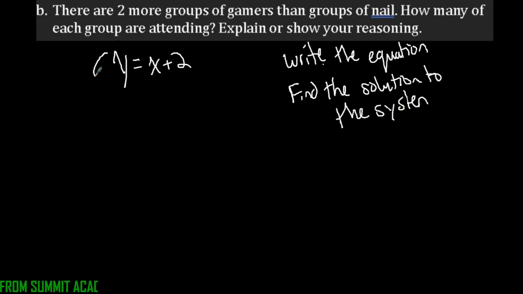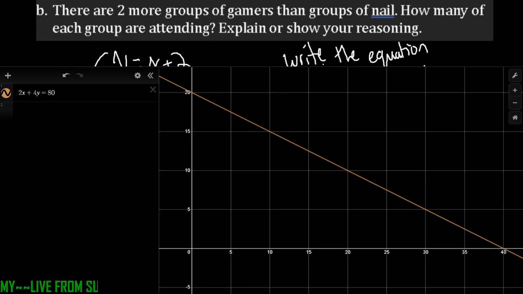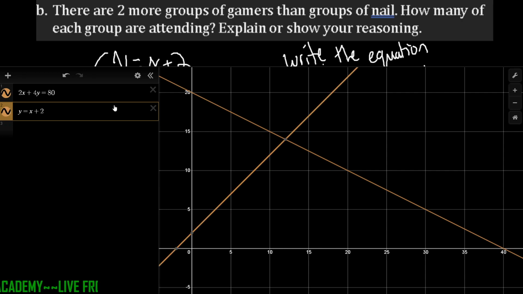And our system is this equation and the one we had from the previous slide. So that was 2x plus 4y equals 80. We have to use these two together to be able to find a solution point. So let's do just that. I'm going to pull up our graph. I already have one of them typed in, and our other one was y equals x plus 2. So find where they are equal.